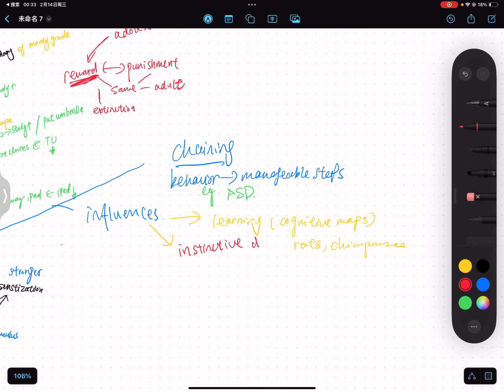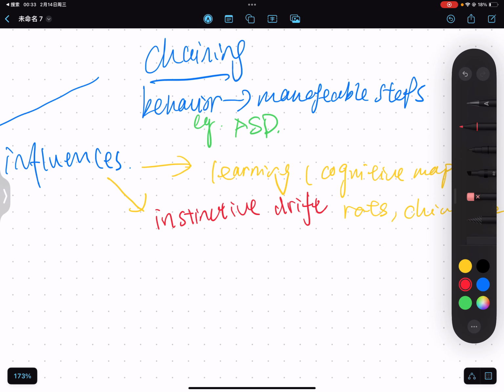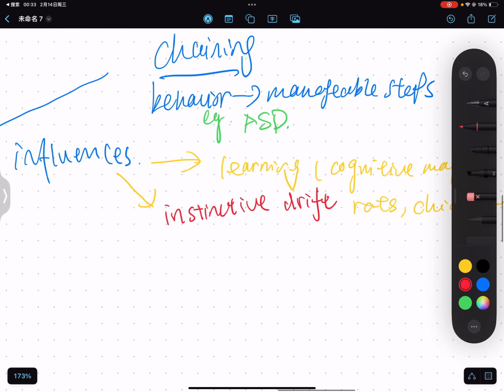Like you teach a pig to put the coin in the box and it will get food, but after a while it will fall off and not continue, although the conditions are met, because the instinctive drift will not let them continue the operant conditioning.